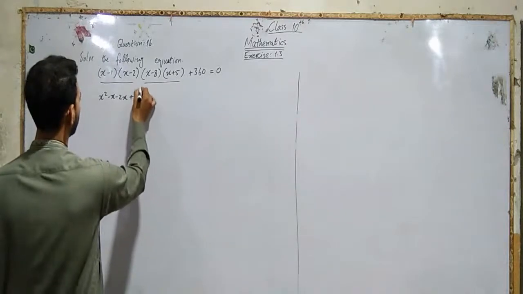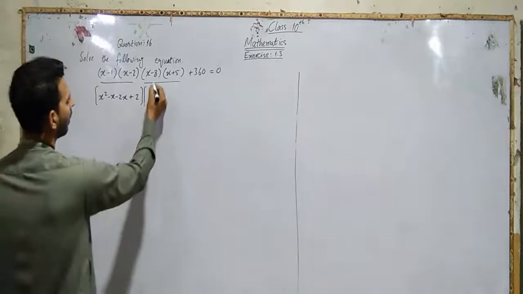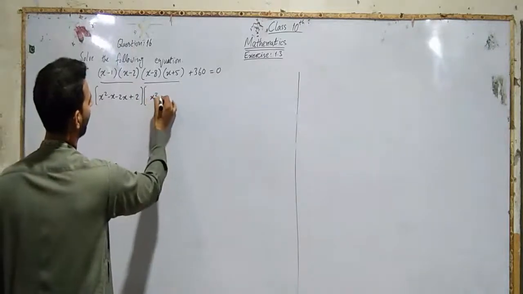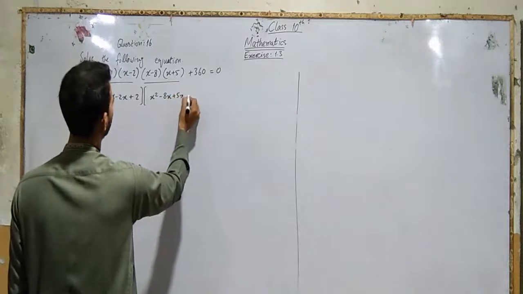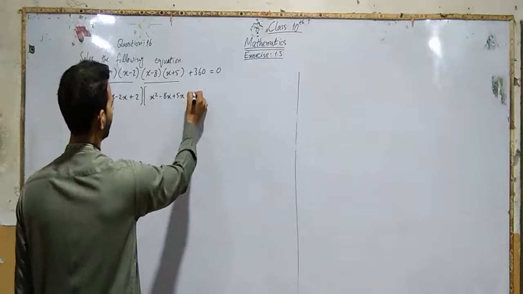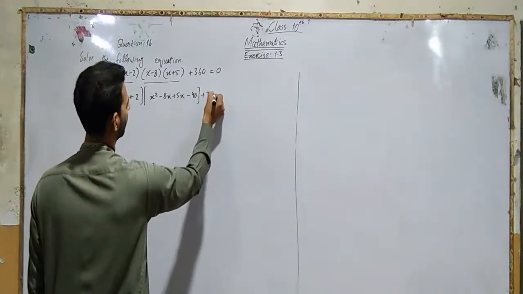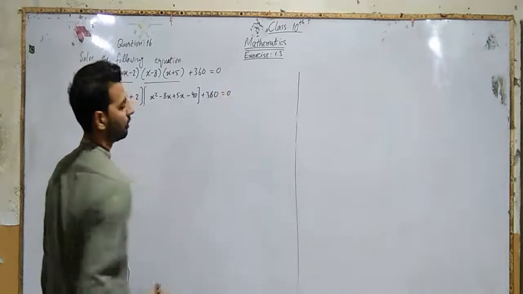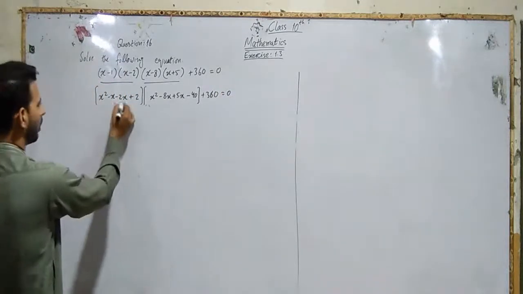Here we will get x square minus 8x plus 5x minus 40, plus 360 equals to 0.